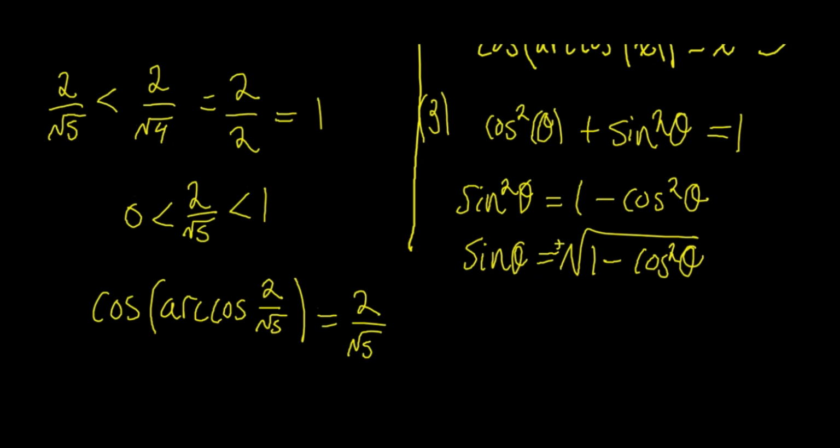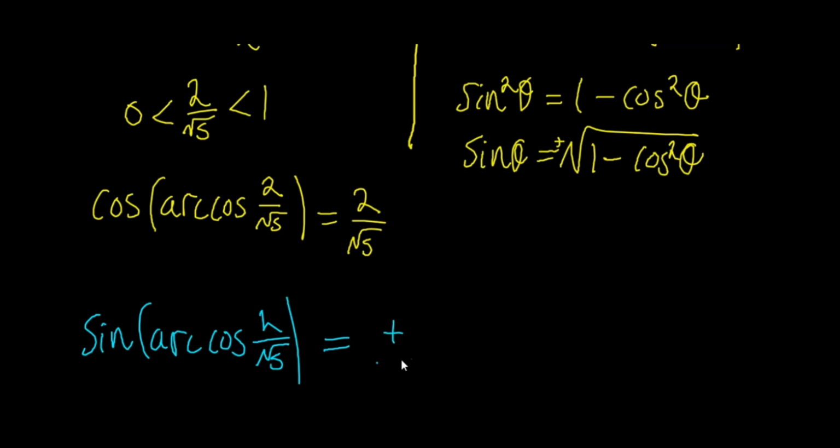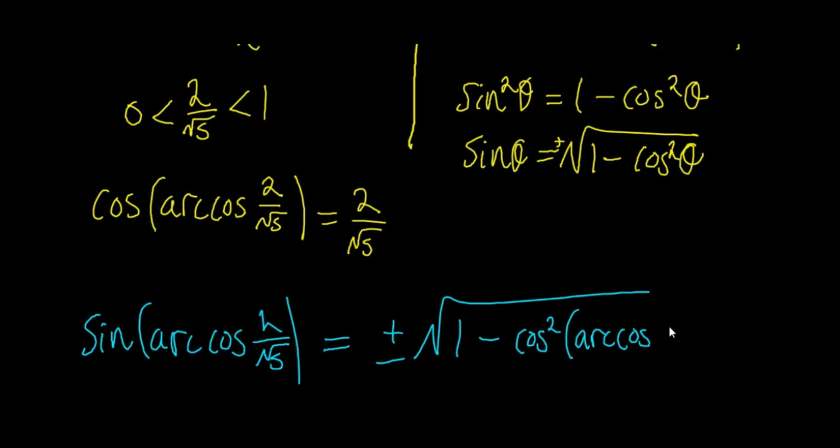So this means that sine of arc cosine of 2 over the square root of 5 is equal to plus or minus the square root of 1 minus cosine squared of arc cosine of 2 over the square root of 5.